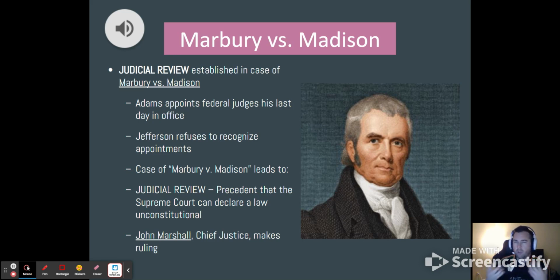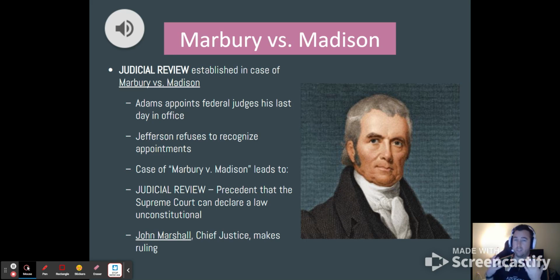The really big thing here is not necessarily the backstory of this case, but it's the first time the Supreme Court does anything. It's kind of weird to think that our country under the Constitution started in 1787. The Washington presidency starts in 1789. Washington's reelected in 1792. Adams is elected in 1796.